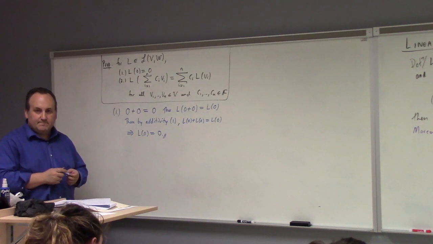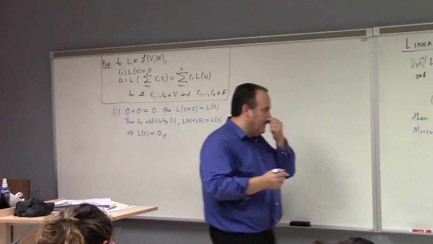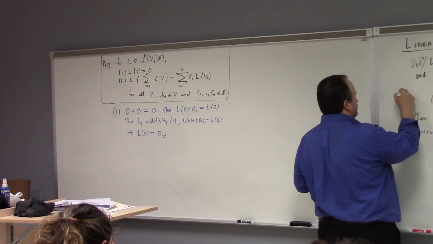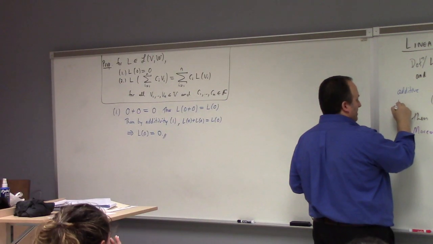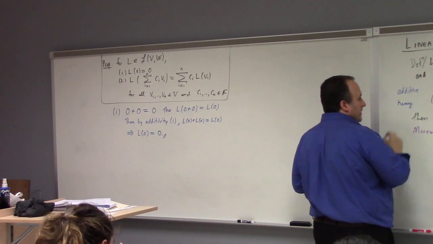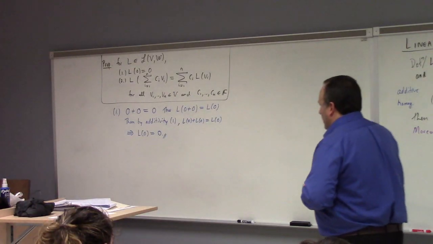So could we also use the second part of the definition and turn L(0) into L(0 times 0), and then pull one of the zeros out and say whatever L(0) is, it's 0 times the result?